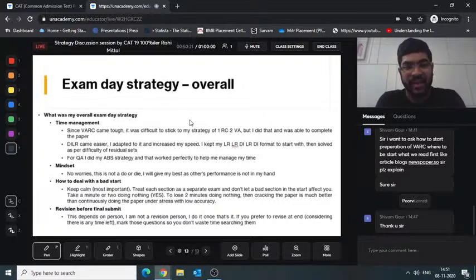First is time management. As I've discussed across my sessions, for VRC my strategy used to be 1 RC, 2 VA repetitively. For LRDI, my strategy used to be 2 LRDI, and then after that, whichever set I feel easy depending on the time. I've discussed all of this at length in my previous 4 sessions, so do go through them.